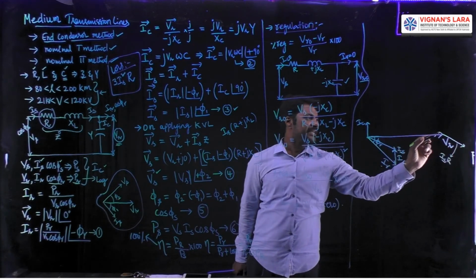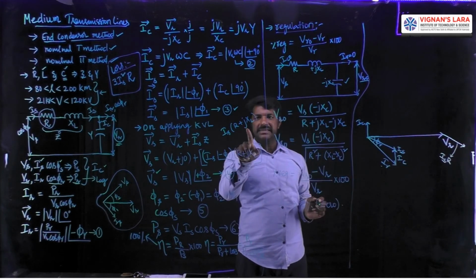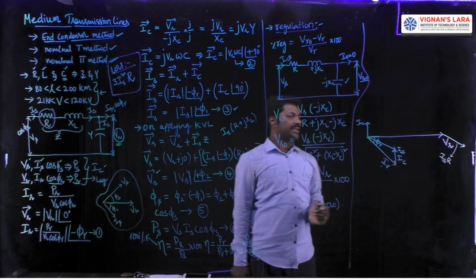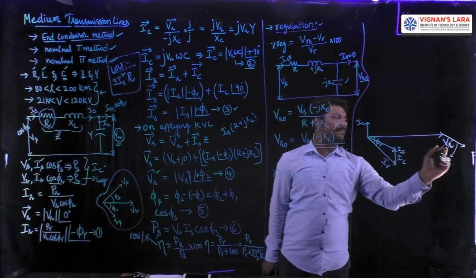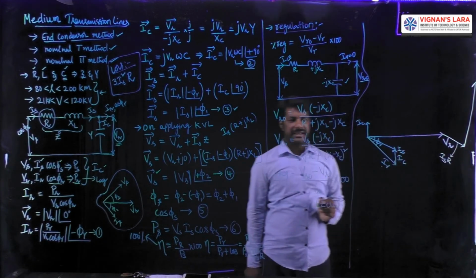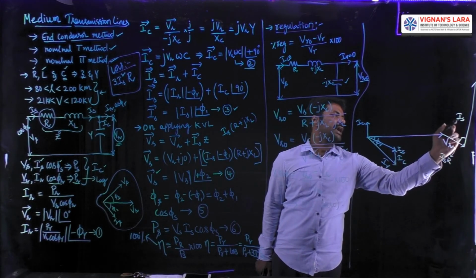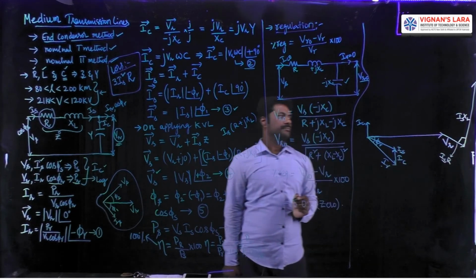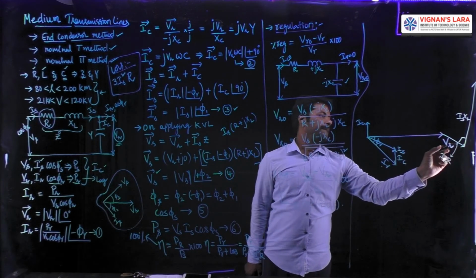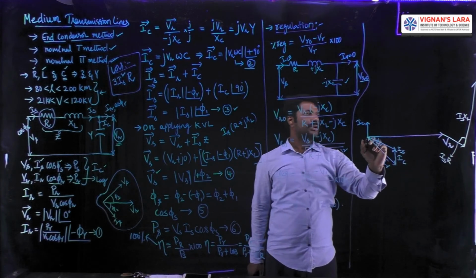Thereby the summation is VR plus IS into R plus J. What is plus J? In anti-clockwise direction, I have to orient the vector by 90 degrees. Thereby I am orienting it to 90 degrees, with a magnitude called IS into XL. So that VR plus IS into R plus J IS into XL gives me the total resultant.